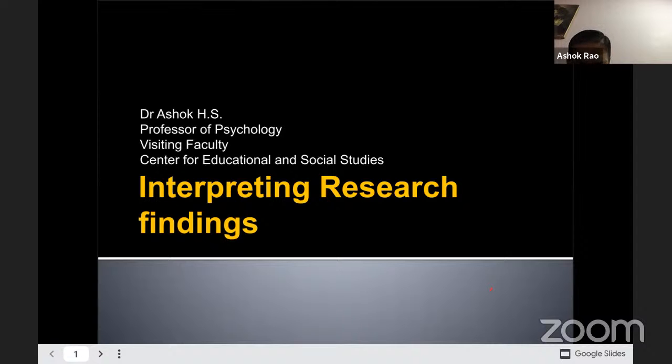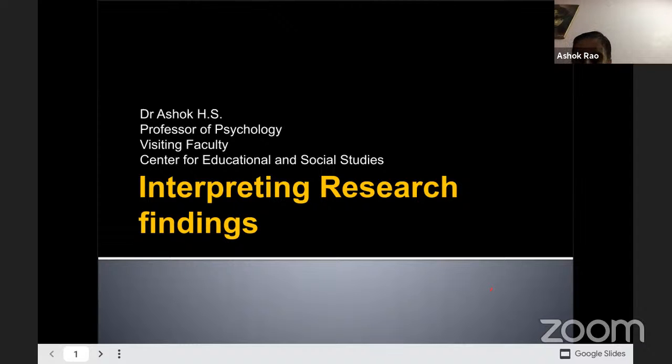Finally, the focus of interpretation. Those were the guidelines that you should follow while interpreting your research findings. The focus of interpretation, I think this is the last slide I would be discussing, and later, if there are any questions, I can add clarification or answer those questions.